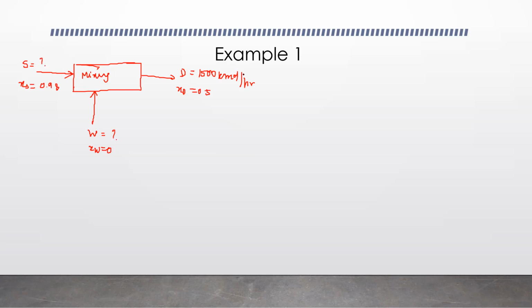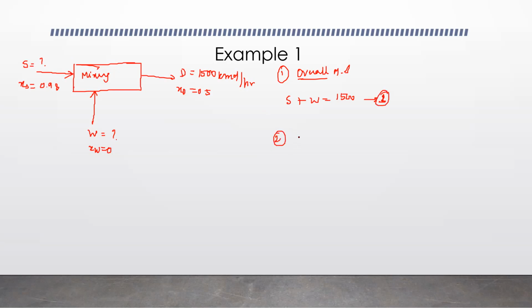So let's form equations. The first equation we are going to form is the overall material balance. So we get S plus W is equal to 1500. Equation number 1.